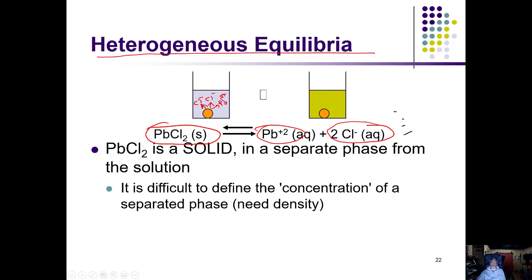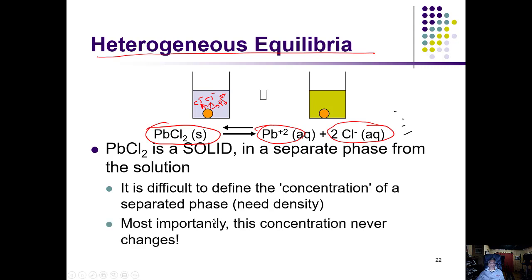It's difficult to define the concentration of a separated phase. In this case the separated phase is a solid, but there are others. You need the density, so we just don't include it, principally because the concentration of the separated phase never changes.